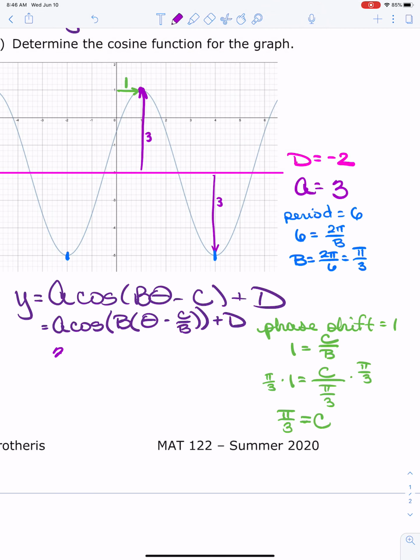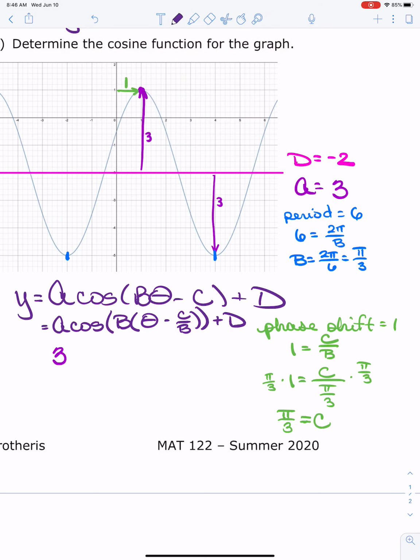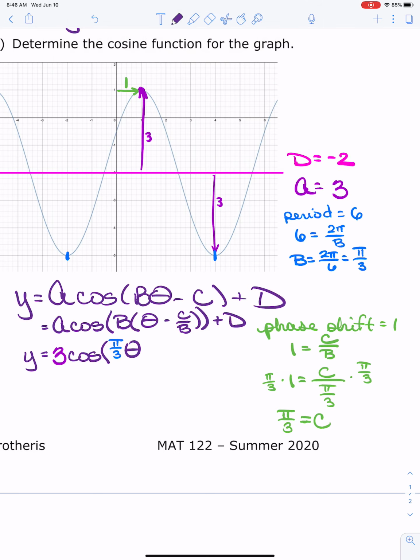A is 3. Keep in mind, pi over 3 times theta minus, we solved for c, so I can just plug that in right here.